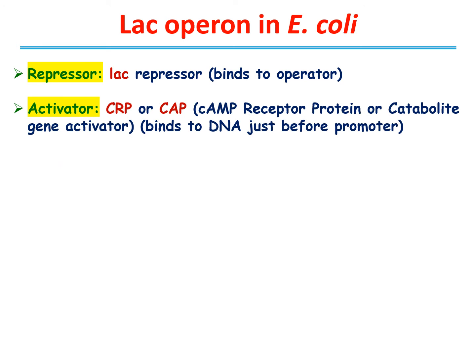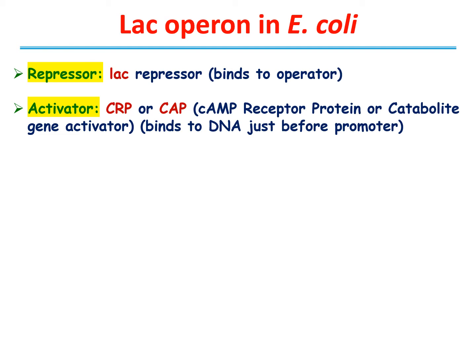The second component is the activator. Now, CRP, cyclic AMP receptor protein, or CAP, catabolite gene activator, both names are used alternatively, is the activator for the lac operon. The activator goes and binds to the RNA polymerase.